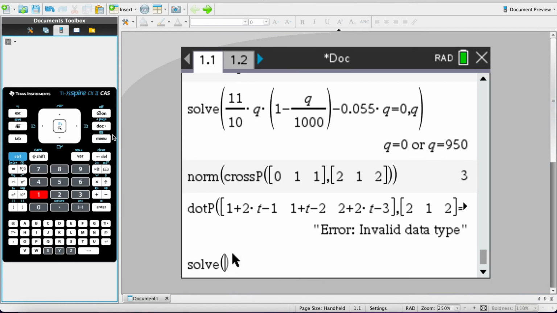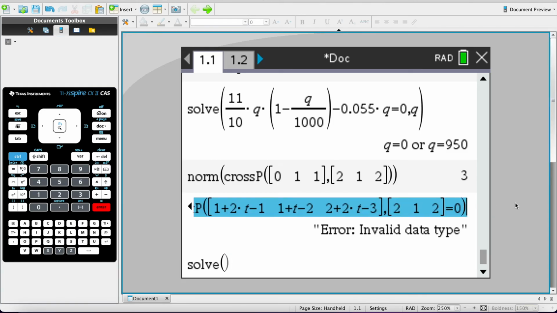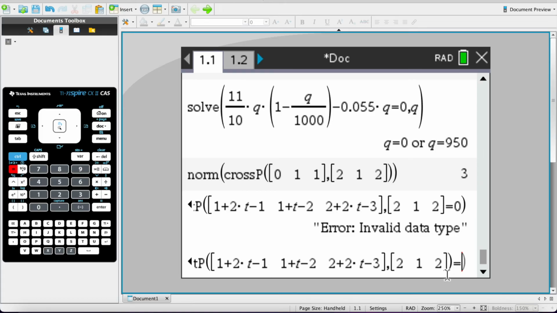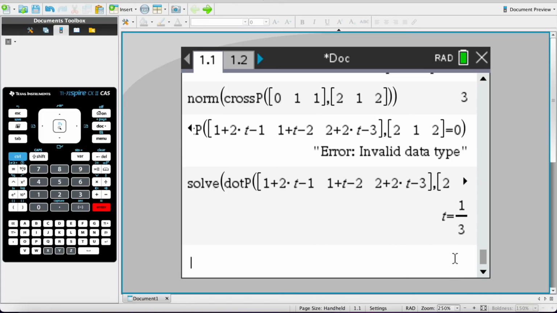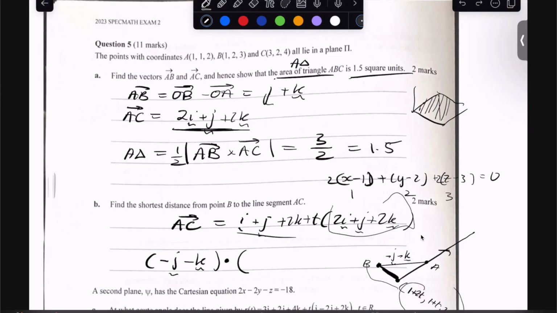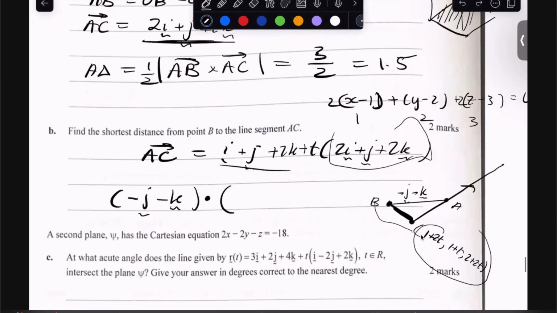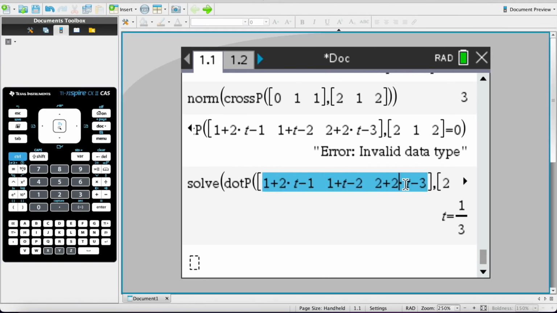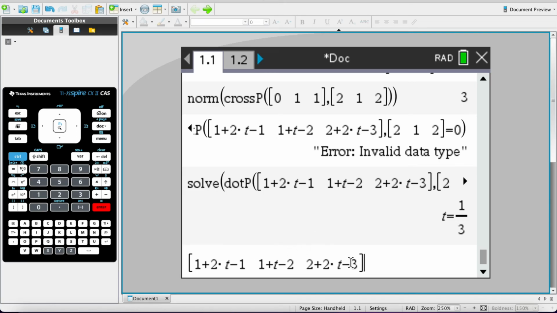This dot P is equal to 0 comma t. So t is 1/3, right? So that's giving you the value here. So now you can get this vector when t is 1/3.